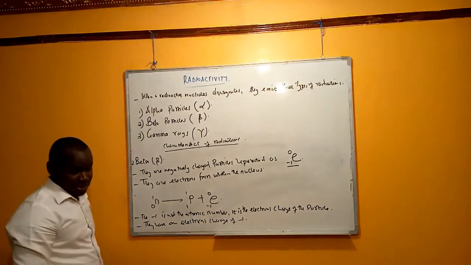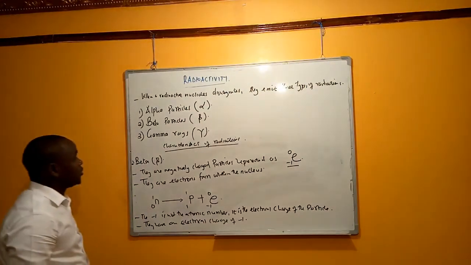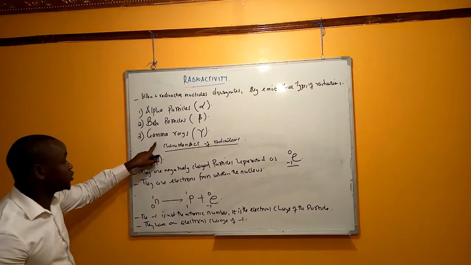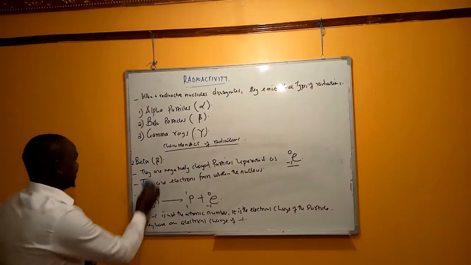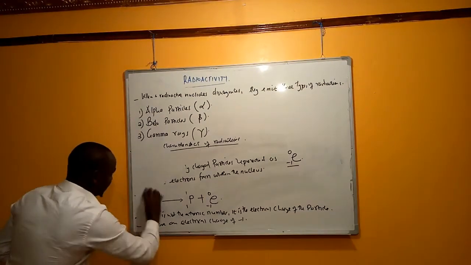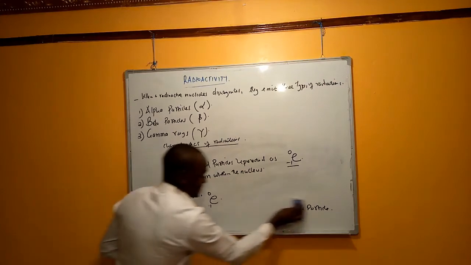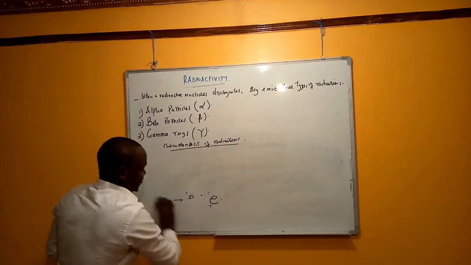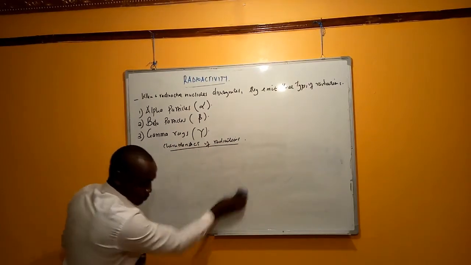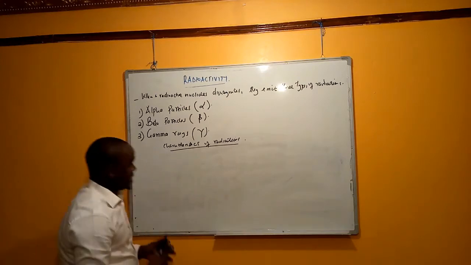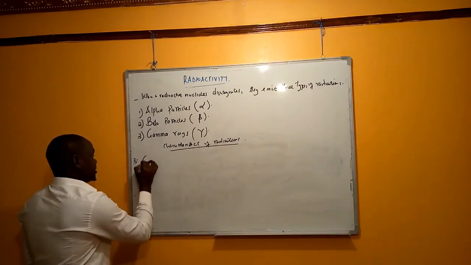So let us go to the next type of radiation, which you call gamma rays. Now, number 3, gamma rays.